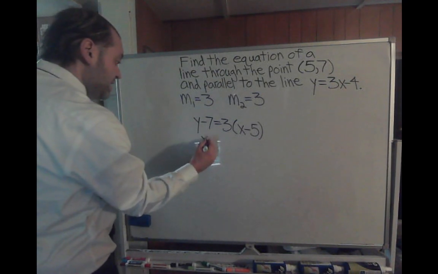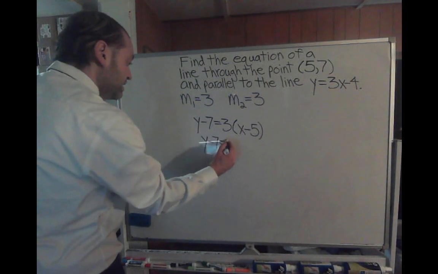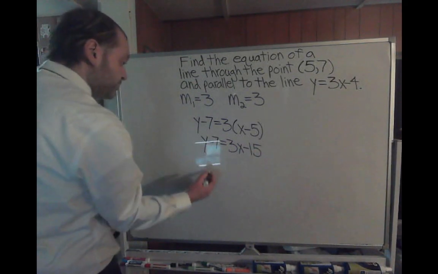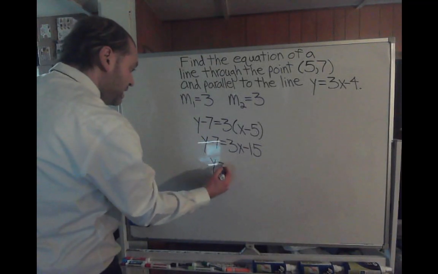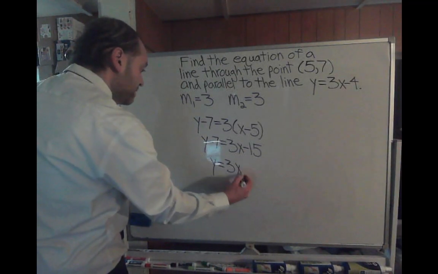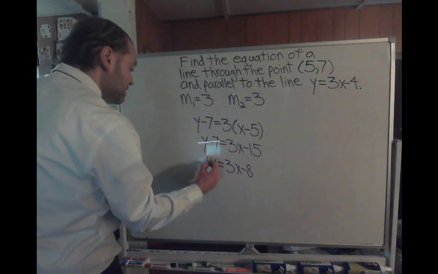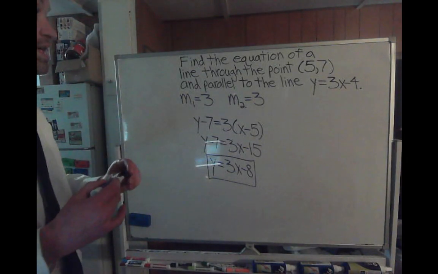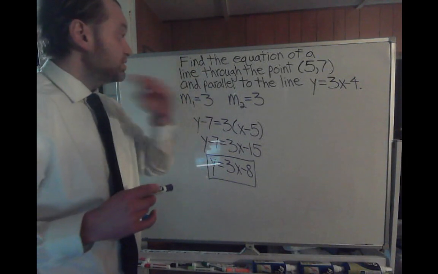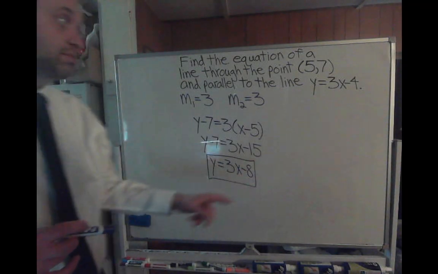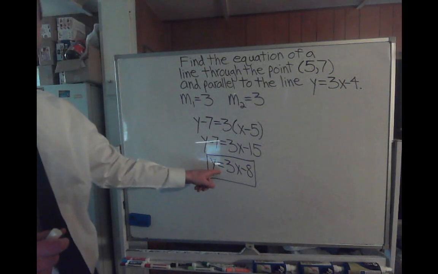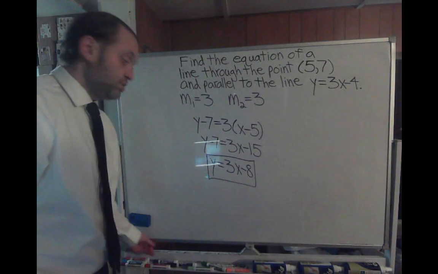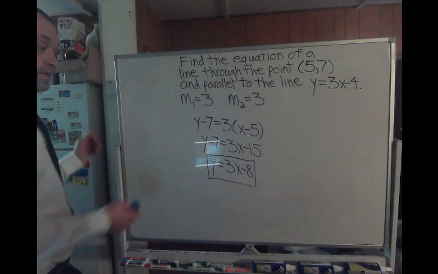So you would end up getting y minus 7 equals 3x minus 15, which would end up giving you y equals 3x minus 8. So the equation of the line that passes through the point 5, 7 and parallel to the line y equals 3x minus 4 would be y equals 3x minus 8. And if you graph them, the two lines would in fact be parallel to each other.